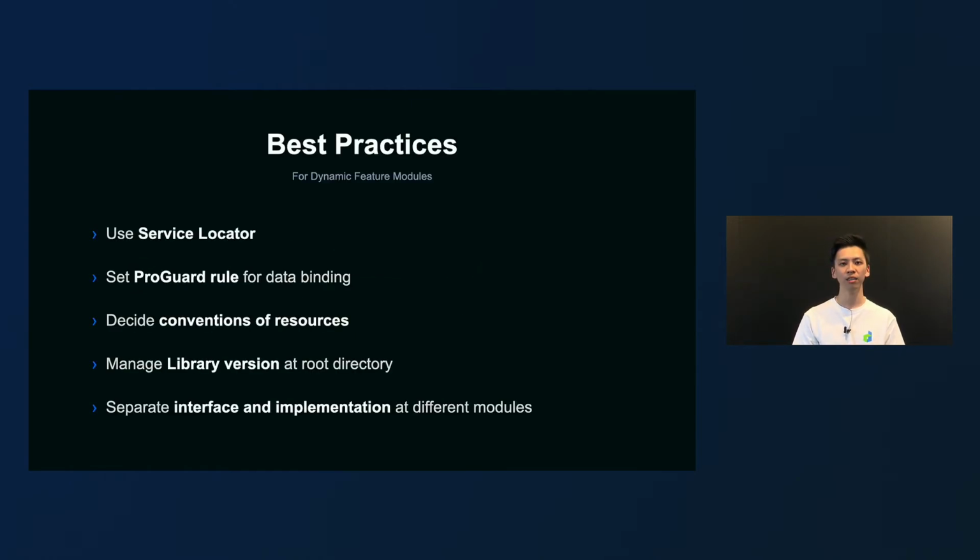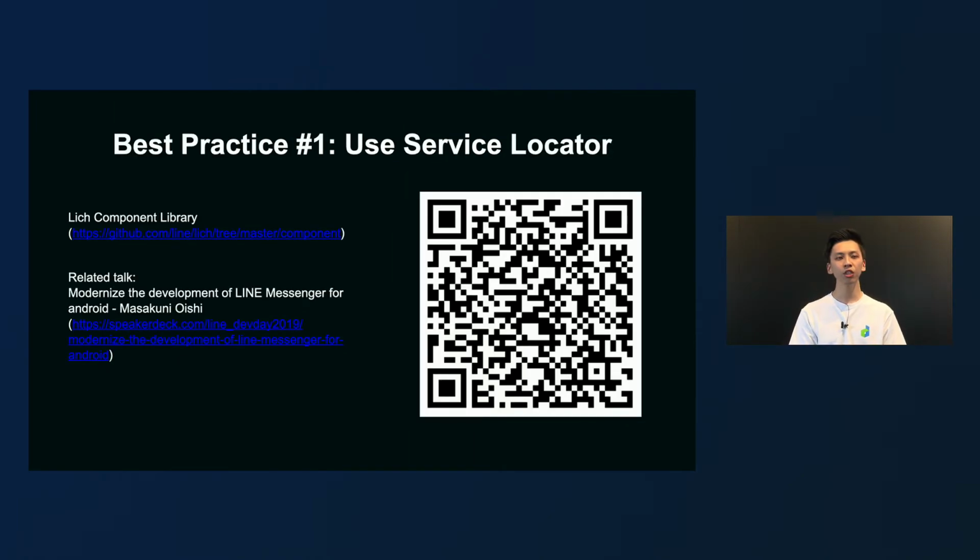There are 5 best practices I found very useful to follow while applying the dynamic feature module in the Line Android project. I will go through them one by one. So first, we should use the service locator to resolve the dependency challenges between the app module and dynamic feature module.